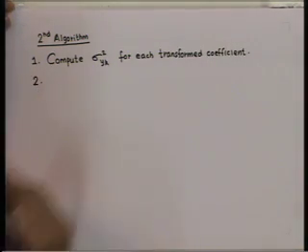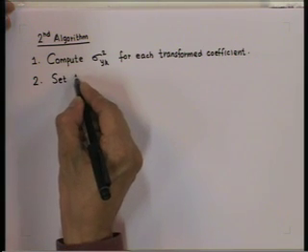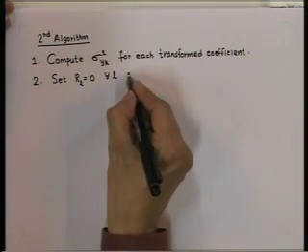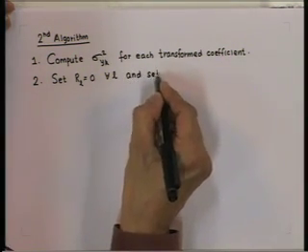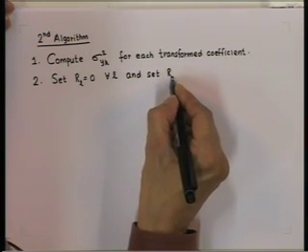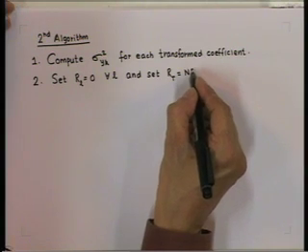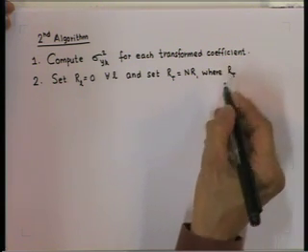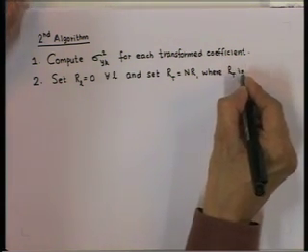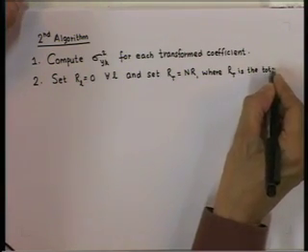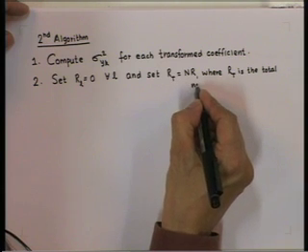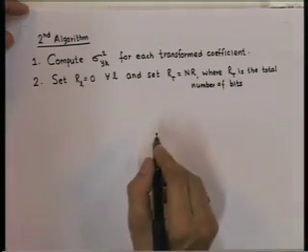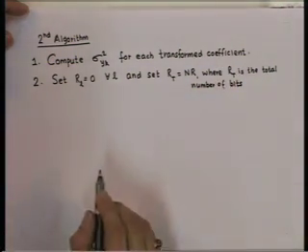Next step, we set all R L equal to 0 and set R T equal to n times R, where R T is the total number of bits available for allocation among all the n quantizers.